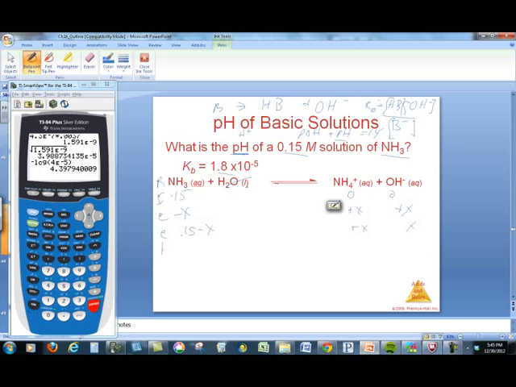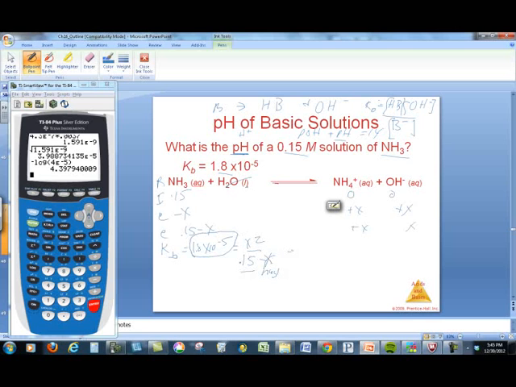So my Kb, which is 1.8 times 10 to the minus 5, is going to be x squared over 0.15 minus x. And again, we'd end up with a quadratic equation, but we can look at this Kb, and the value is tiny, it will be insignificant compared to this, so we are going to neglect it.